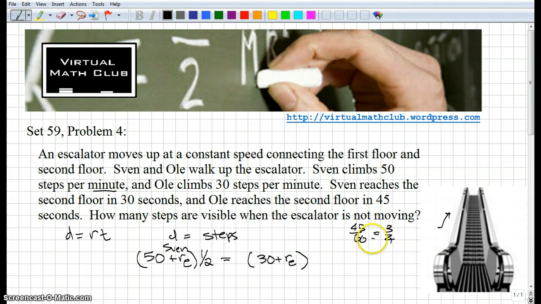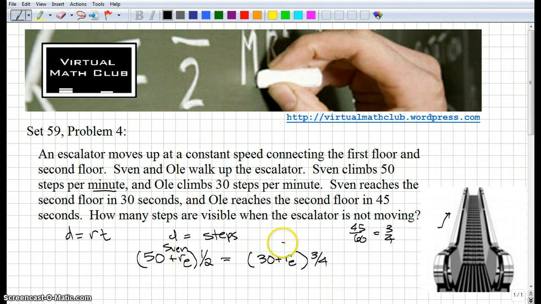We can divide both by 15 essentially. So he gets to the second floor in 3/4 of a minute. We had to convert Oli's time to minutes as well, so we have consistent units between the rates and the times.